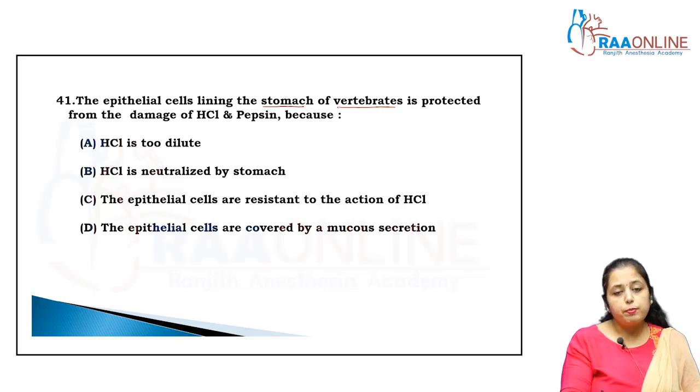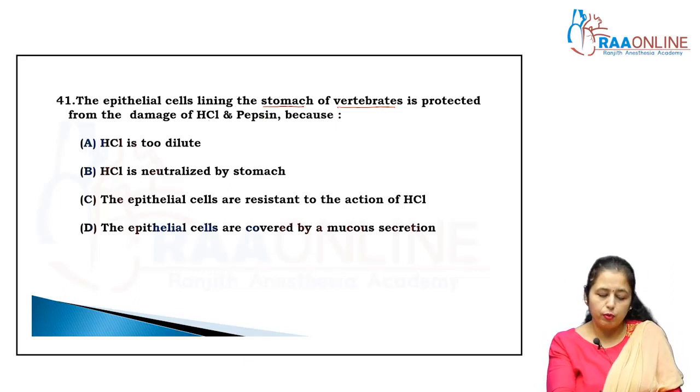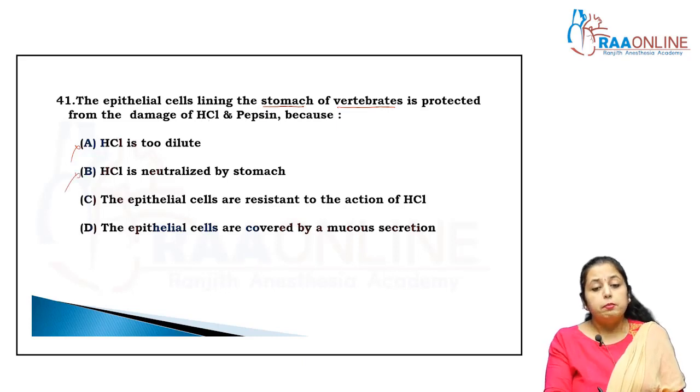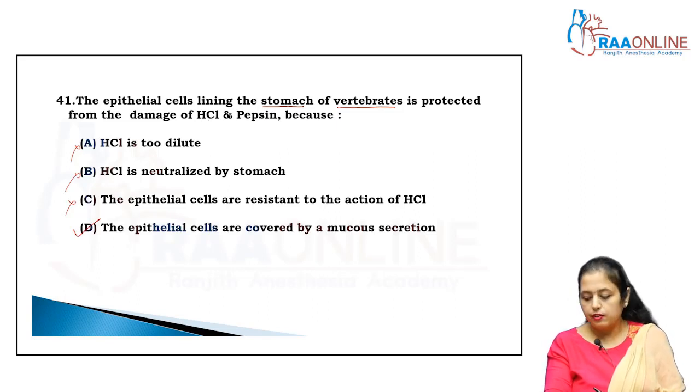And pepsin is a proteolytic enzyme, so that mucus provides protection from the proteolytic activity of pepsin in the wall of the stomach. HCl is too dilute? Wrong. HCl is neutralized by the stomach? Wrong. The epithelial cells are resistant to the action? Wrong, right? The reason is that the epithelial cells are covered by the mucus secretion. So the correct option is D, right?